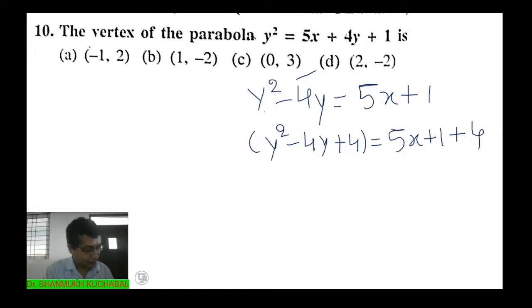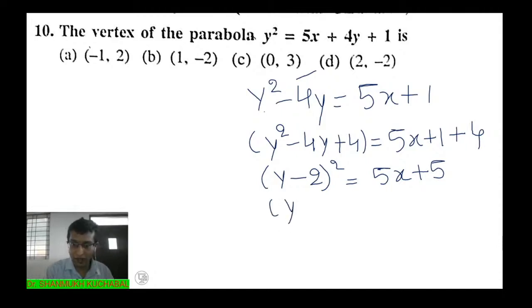So the LHS will be in the form of a square minus 2ab plus b square. So we get a minus b whole square, and we get here 5x plus 5. So we get further y minus 2 whole square equal to 5 common taken outside, x plus 1.